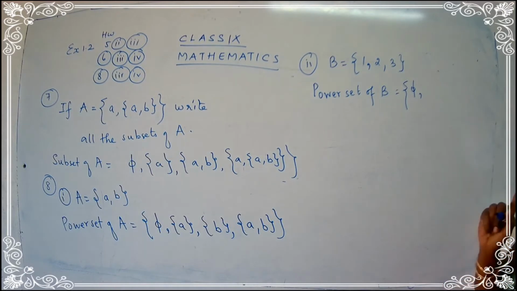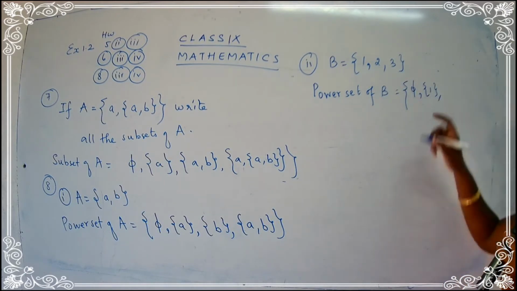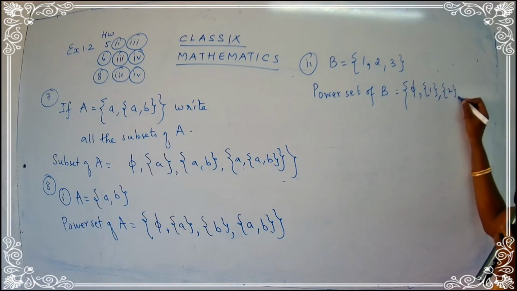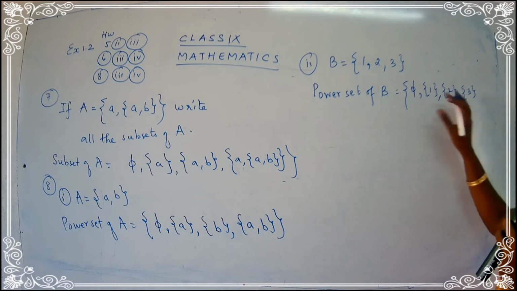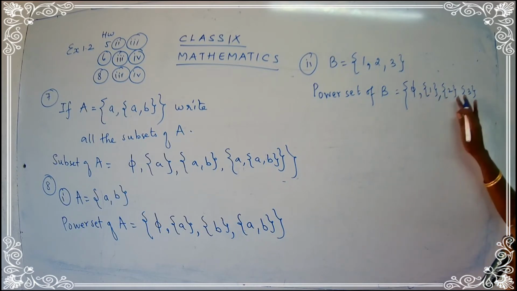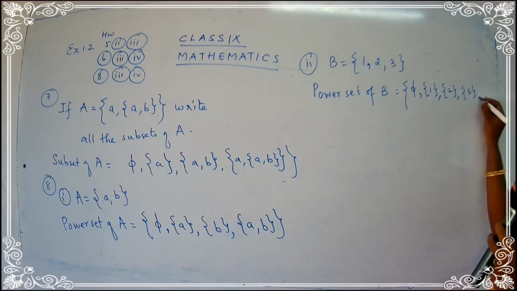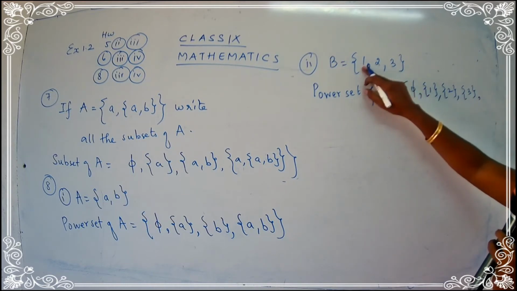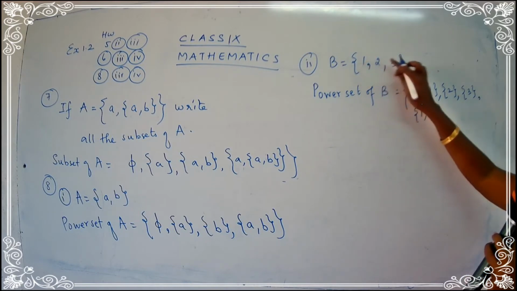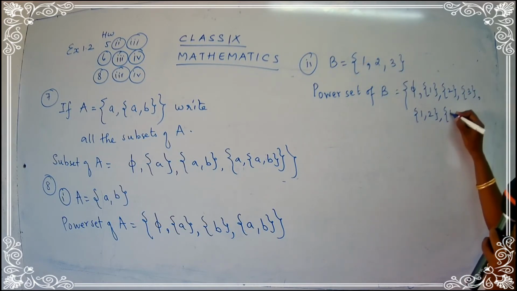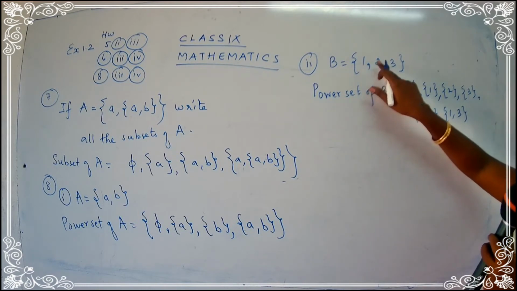What is the first member? 1. What is the next member? 2. What is the next member? 3. Now we have taken 1, 1, 1. Yes? Now what are we going to do? We are going to take 2, 2 at a time. So this is {1, 2}. Start from 1. {1, 2}, {1, 3}. Finished for 1? I have started from 1. {1, 2}, {1, 3}.